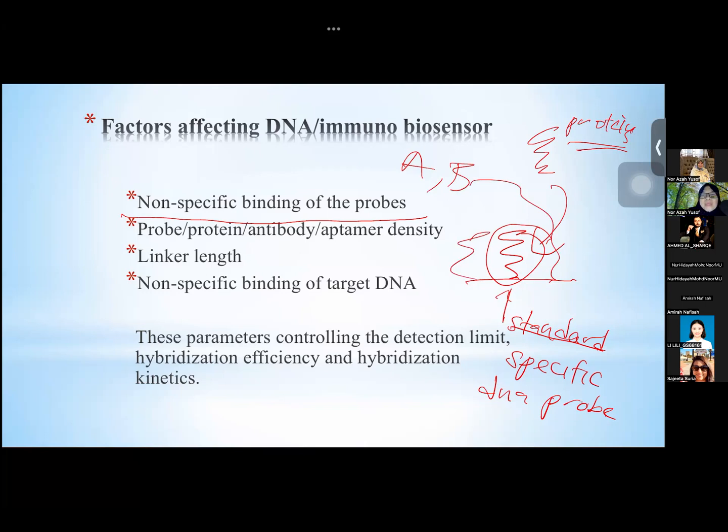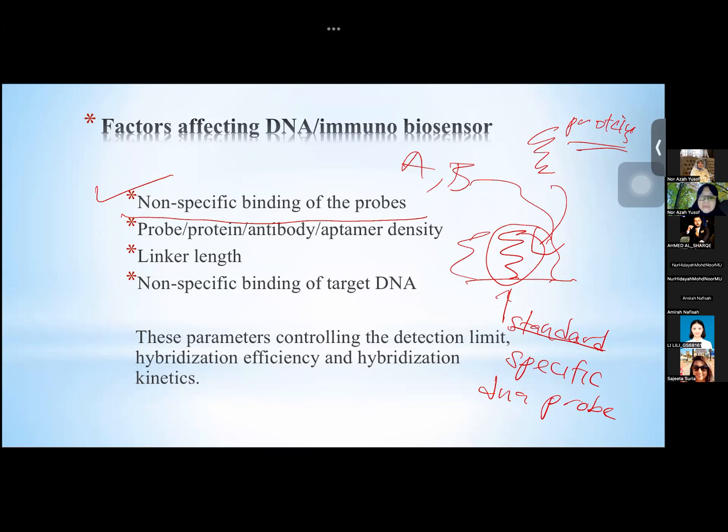They probably want to interact with the DNA on the sensor surface, which we don't want. So if there is non-specific binding, it will interfere with the final signal, which we don't want.